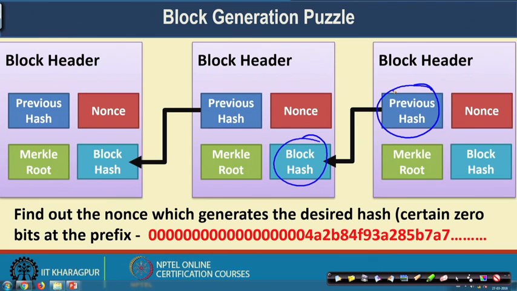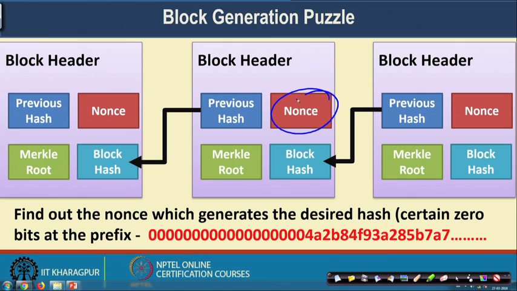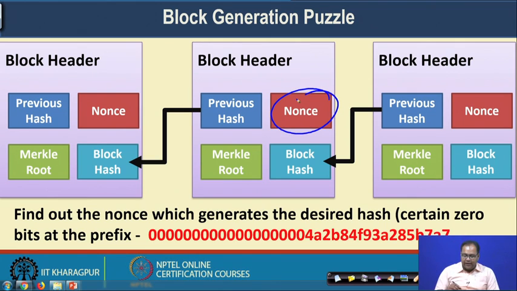So, every block header contains the previous hash value, and along with that the task of the miner is to find this nonce, such that the block hash value that it generates has a certain fixed number of zeros at the prefix. So, a block hash looks like this, where you have a certain number of zeros at the prefix.